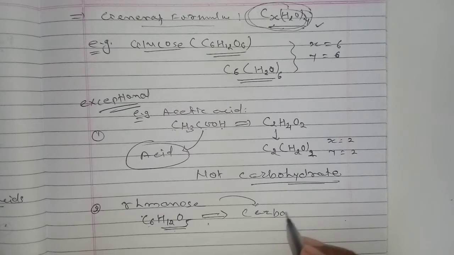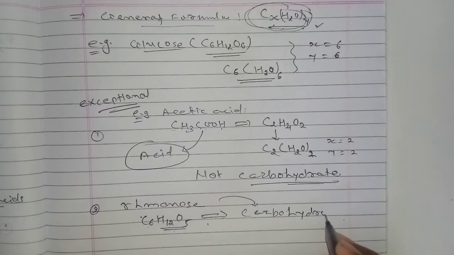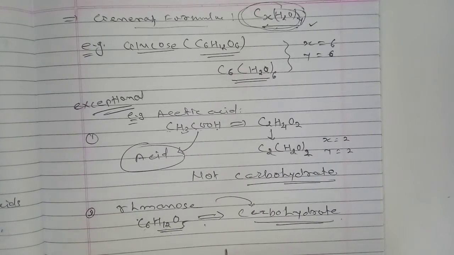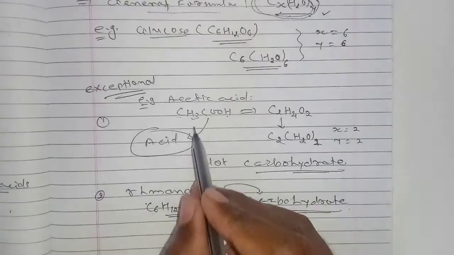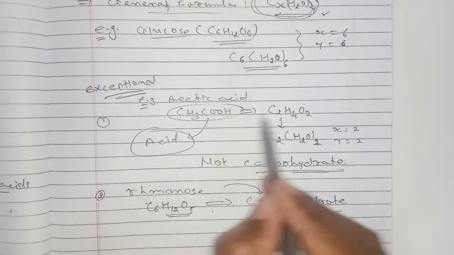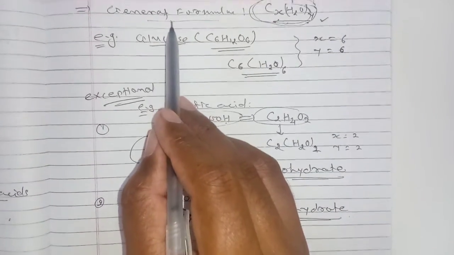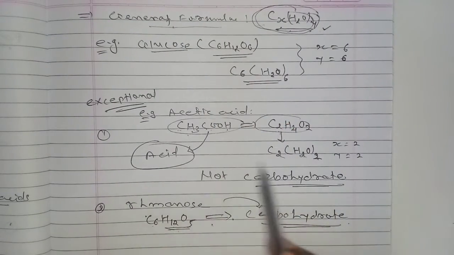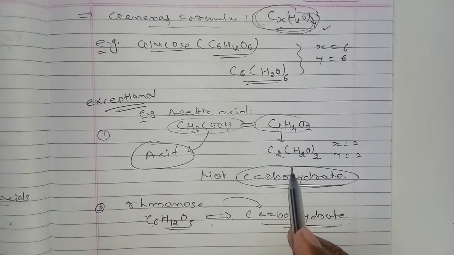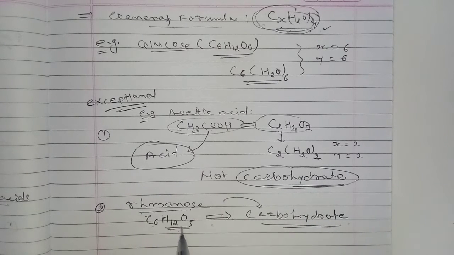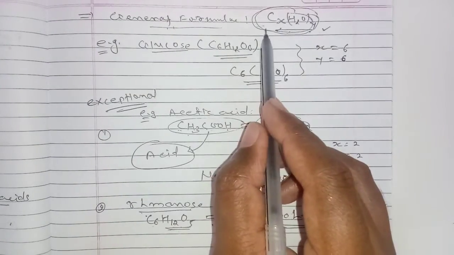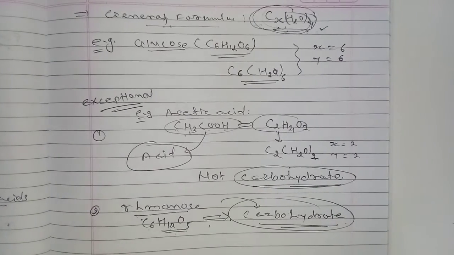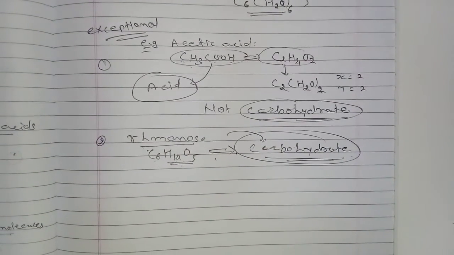This is the exceptional case. Acetic acid fits into the general formula Cx(H2O)y, but it is not a carbohydrate, and rhamnose does not fit into the general formula Cx(H2O)y, but it is included in carbohydrates.